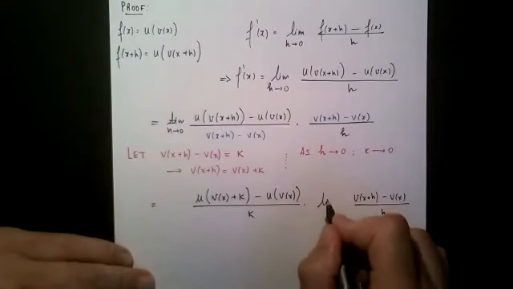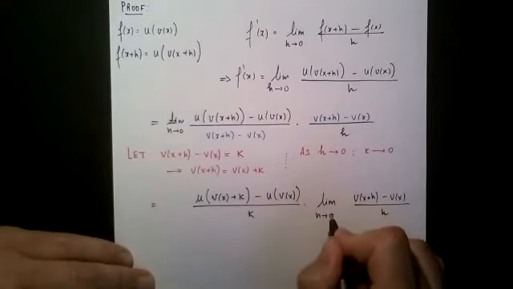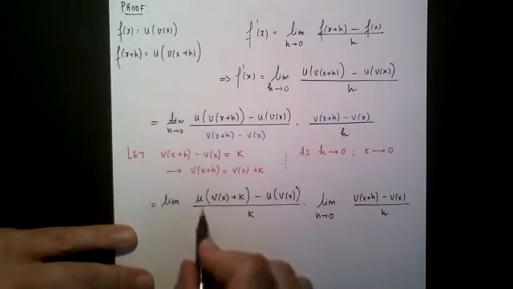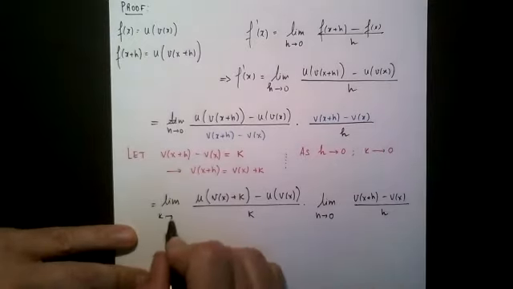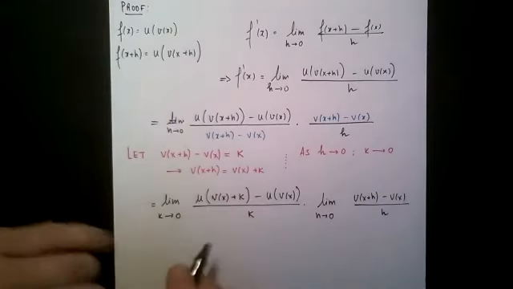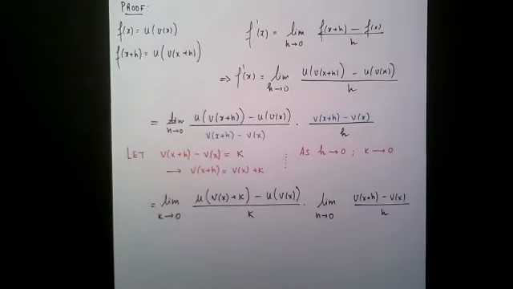So this will be the limit as h approaches 0, and this will be the limit as, oh, there's no more h here, there's k, but we said that when h approaches 0, k also approaches 0, so I'm going to do as k approaches 0. Are you with me so far?